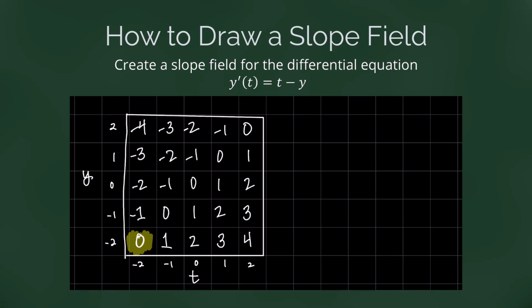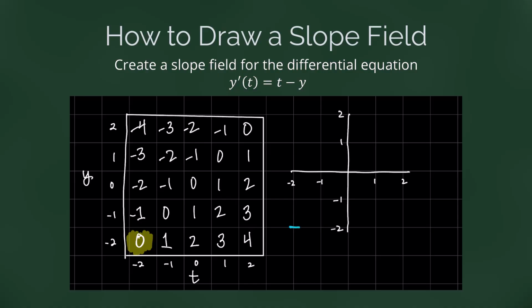So in other words, if I draw a graph that looks like this, where I have -2, -1, 1, 2, with 0, 0 obviously at the center, I now know that at the point -2, -2, I'm going to draw a segment with slope 0, so a horizontal segment.